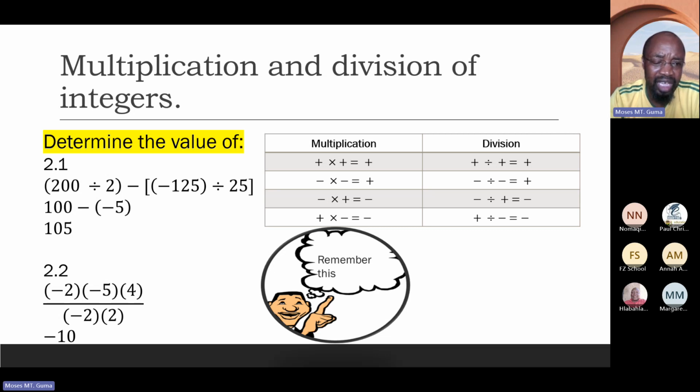You see, we have a -2 there, we have a -2 there. I can just cancel them out. Let me fetch my pen and do that. I cancel that one out, and I cancel this one out because they are the same. I have a 4 divided by 2. I know that 2 goes how many times there?